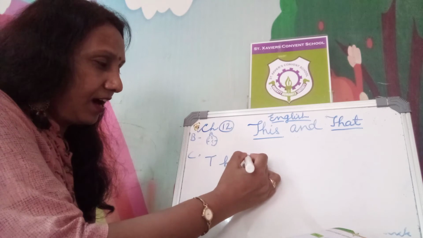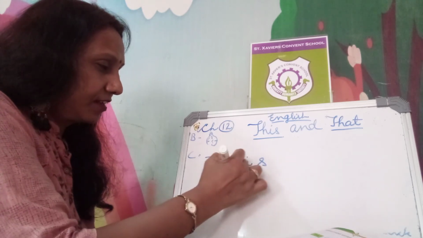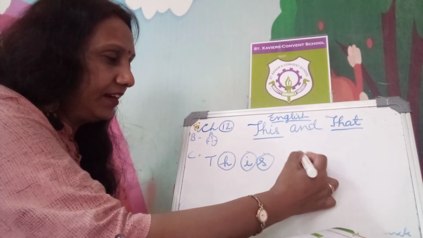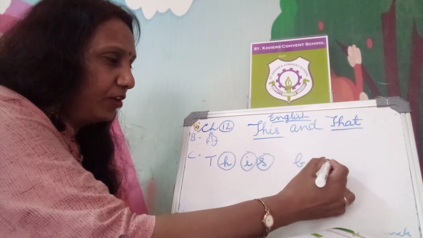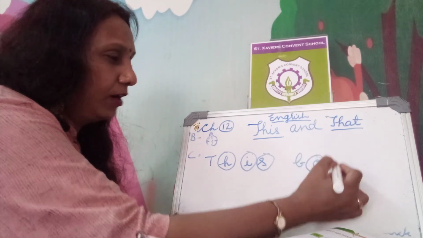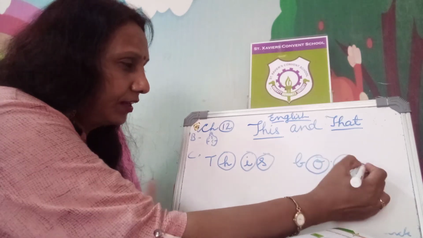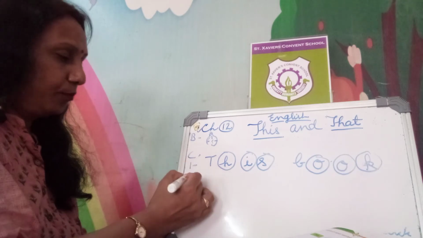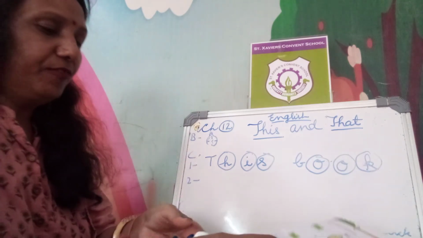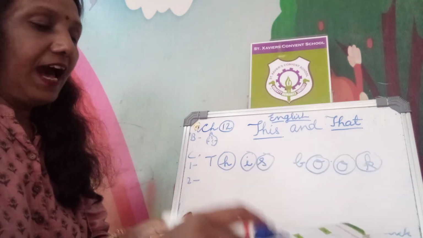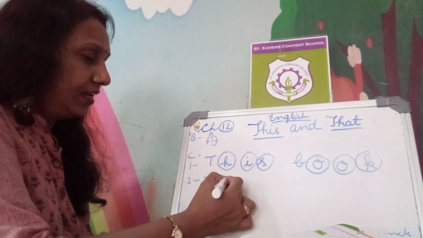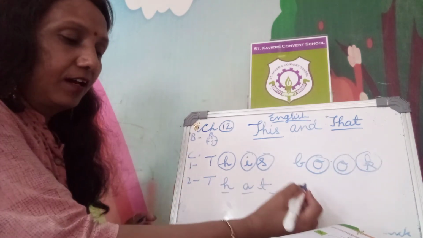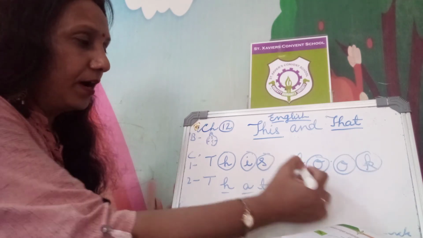THIS. B is there. What will you fill? BOOK. Point 2. What will you fill there? That. THAT. And that is a bird.